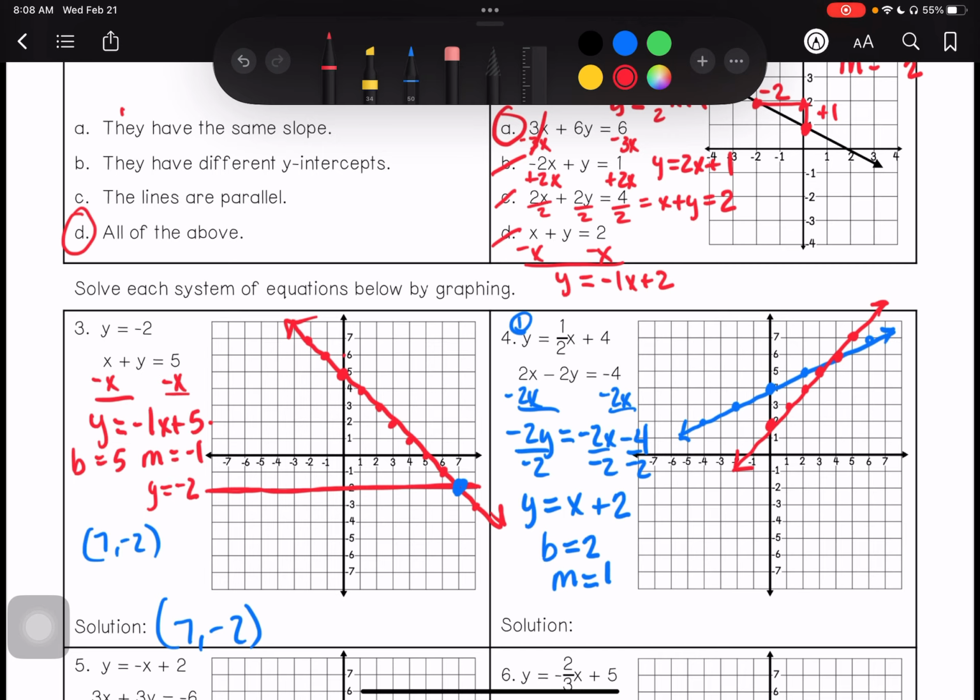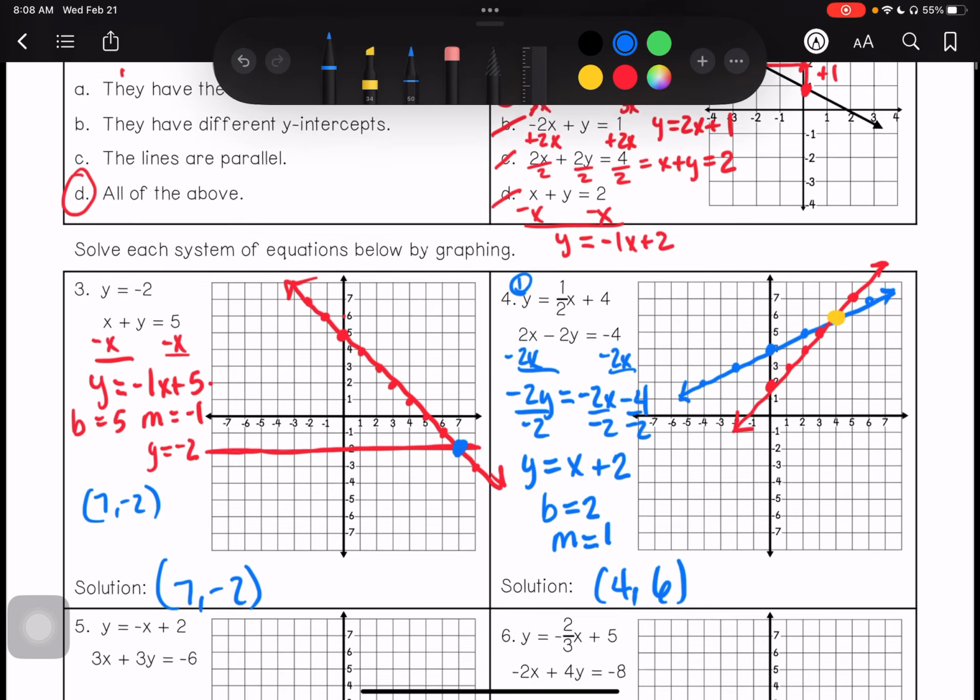So my point of intersection is right here. So my solution is 4, 6. Number 5.